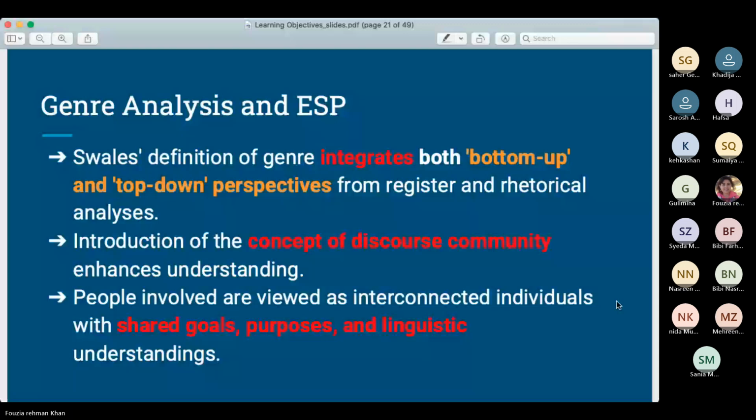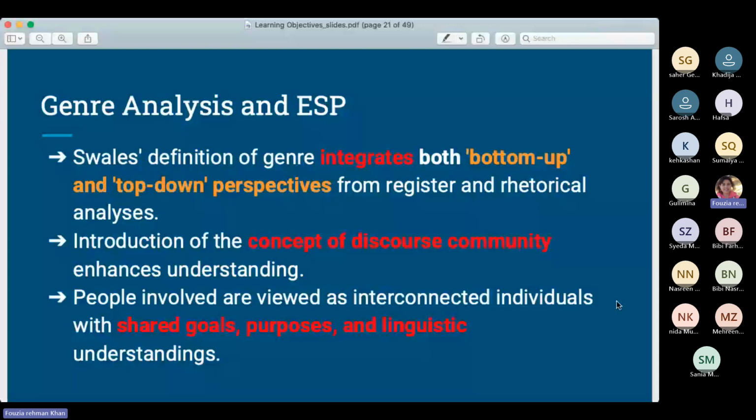Basically, genre comprises a class of communicative events, and the members share this set of communicative purposes. Now, these purposes are recognized by the members of the discourse community, and these purposes have to be similar.